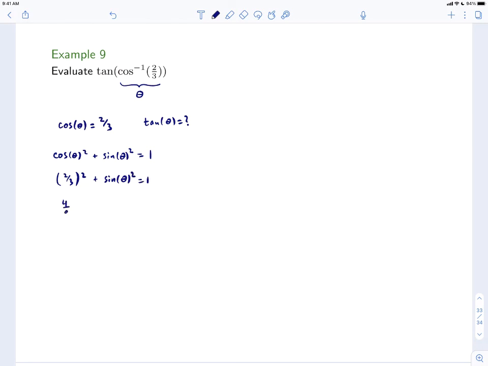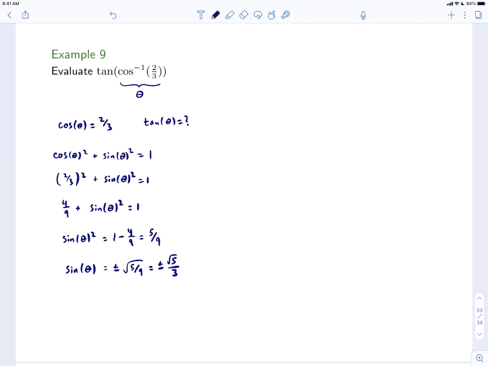So 4/9 plus sine of theta squared is equal to 1. Sine of theta squared is equal to 1 minus 4 over 9, which is 9 over 9 minus 4 over 9, so that's 5/9. So that tells us that sine of theta is plus or minus the square root of 5 over 9, which is plus or minus the square root of 5 over 3.